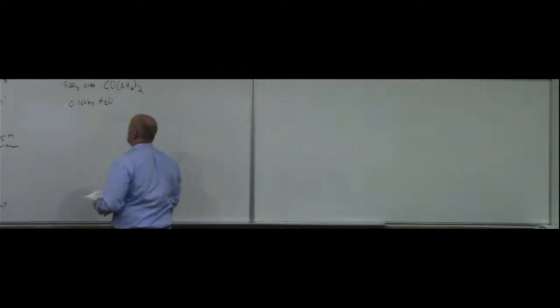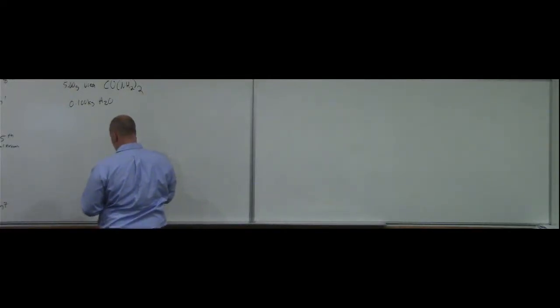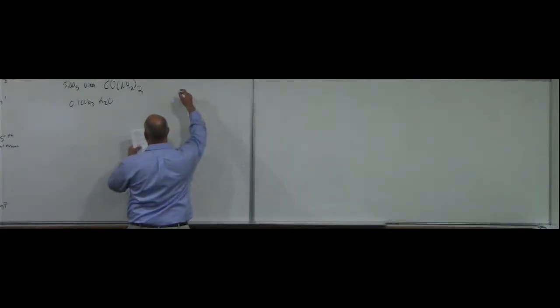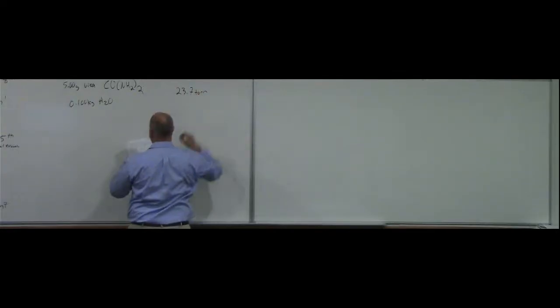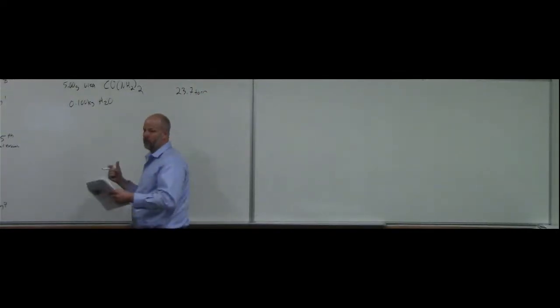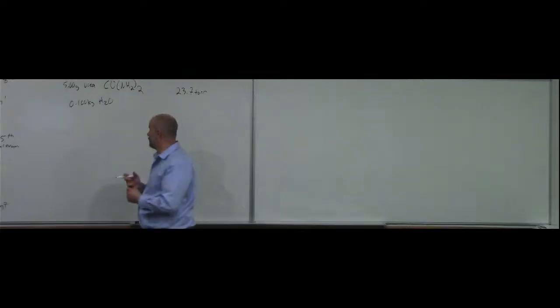Okay. So if the vapor pressure of pure water at this temperature is 23.7 torr, then we need to calculate the new vapor pressure, assuming ideal conditions.